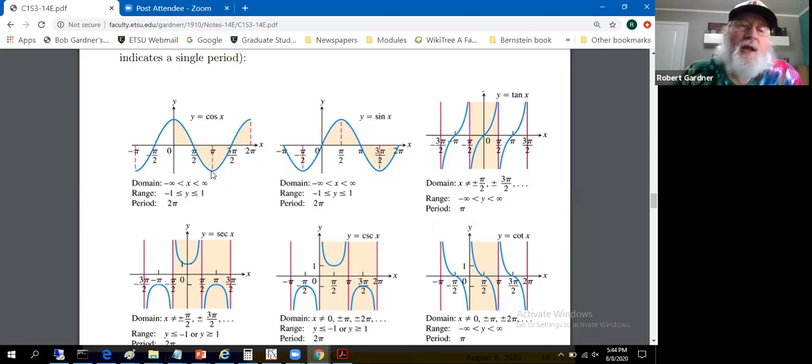Now, what happens between, say, pi and 3 pi halves to the cosine function? It goes from -1 through these little negative values to 0. When you take reciprocals of that, you're going to have the secant function take on larger and larger negative values. If you will, it goes from -1 down to -infinity. There is no 'to -infinity'.